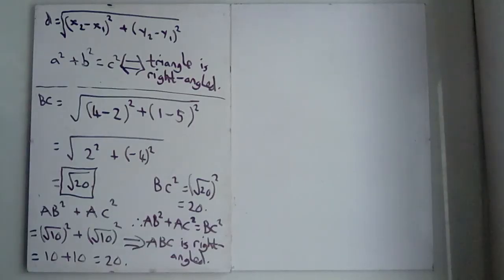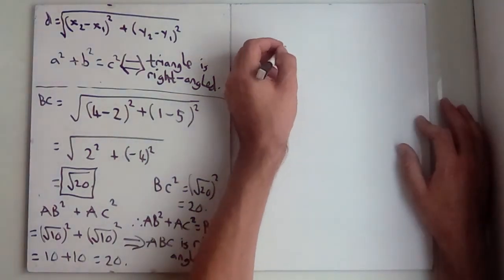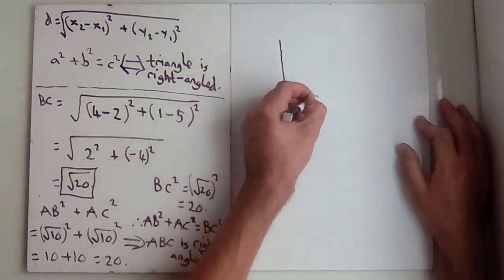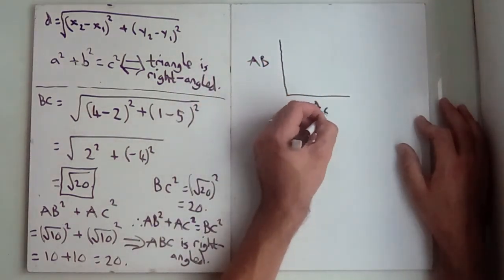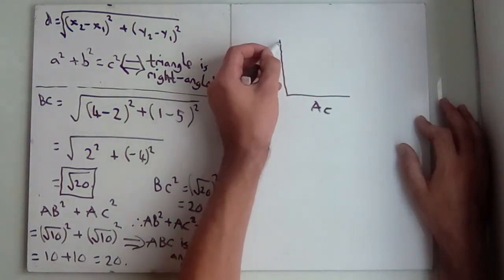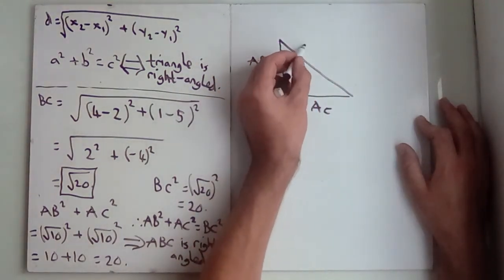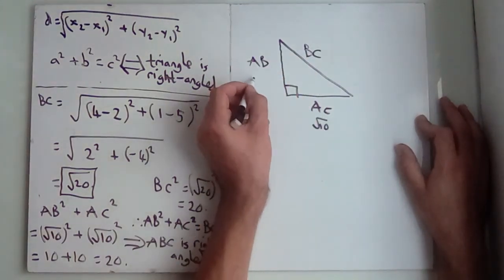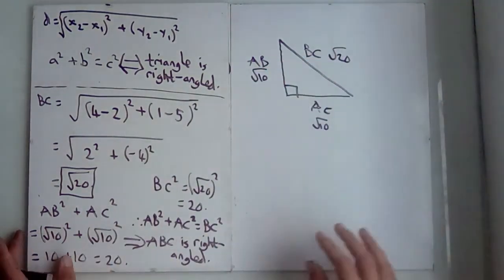You might be asked, where is the right angle? So I know that we had AB and AC. They were the shorter sides, and remember the long side is always opposite the right angle, so that was our BC. So this was root 10, this was root 10, and this was root 20, so it's bigger.